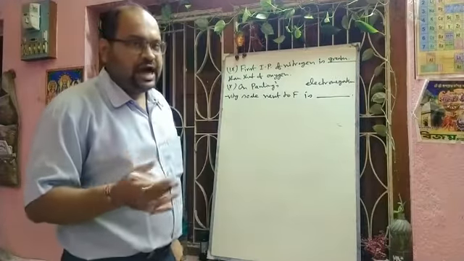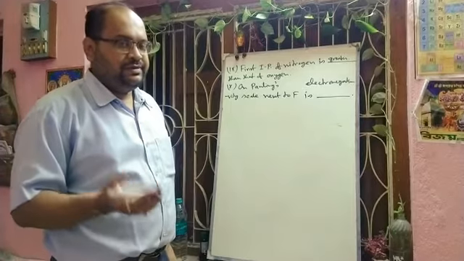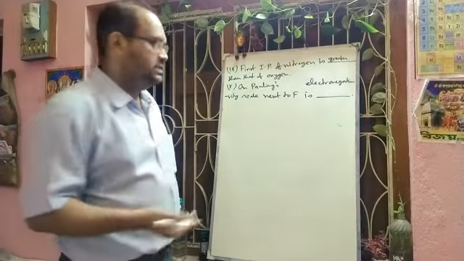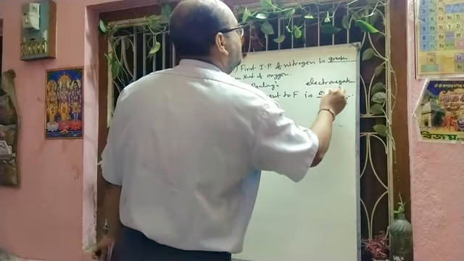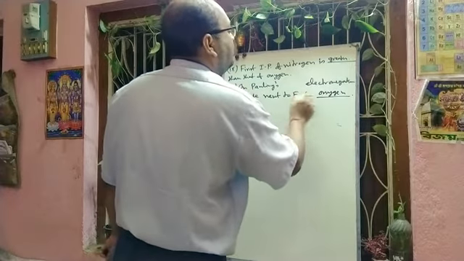You know fluorine is the highest electronegativity element, then thereafter that will be the oxygen. So here you have to write oxygen. Fluorine value will be 4, oxygen will be 3.5.